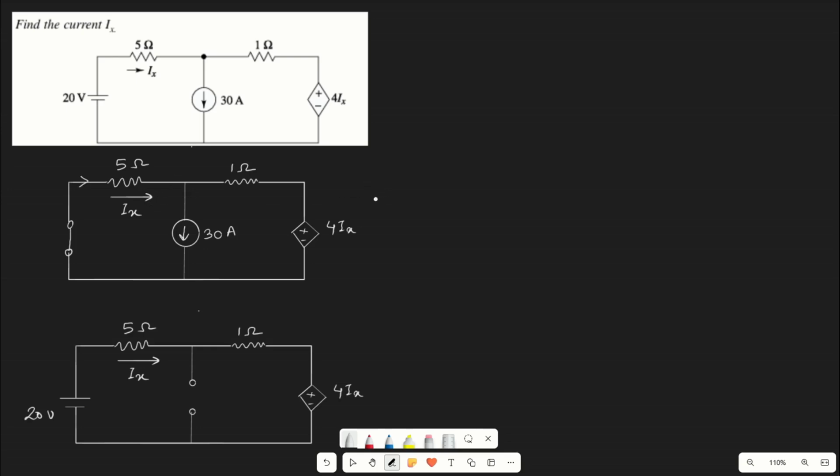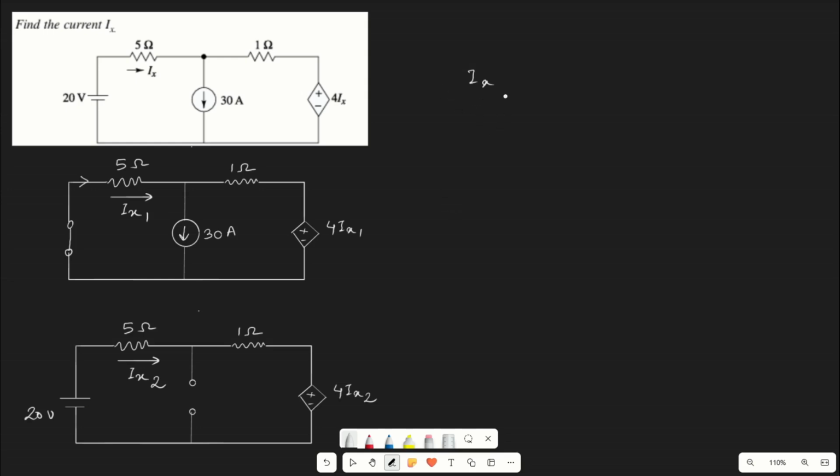To get the current flowing in this branch, let us consider also we have a dependent source, the value of which is 4Ix. So we have to determine the value of Ix. Suppose we are naming it as Ix1, this as Ix2. So this will be correspondingly Ix1 and Ix2.